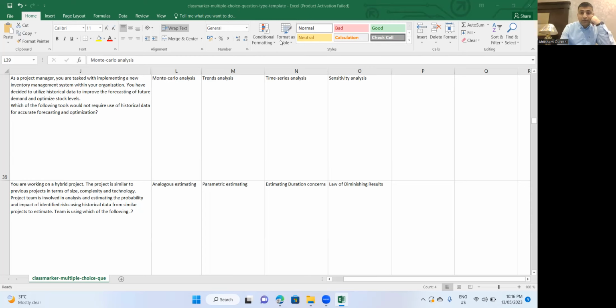So we do this analysis by pushing the data about all types of risks that our end goal has. Let's say the end goal is that you want to complete the project within a certain number of days or months, and you don't know the confidence interval, how confident you are that you would be able to finish it in 10 days, 20 days, whatever the duration of the project is.